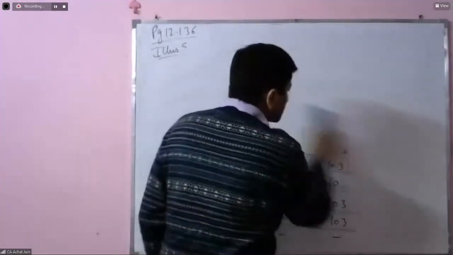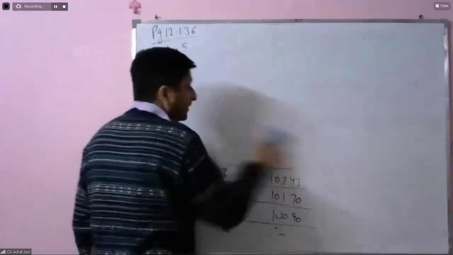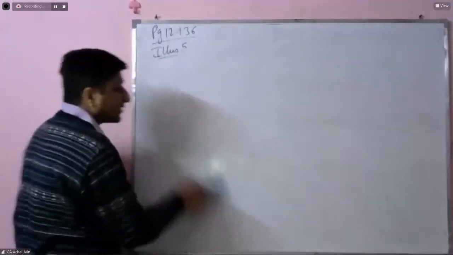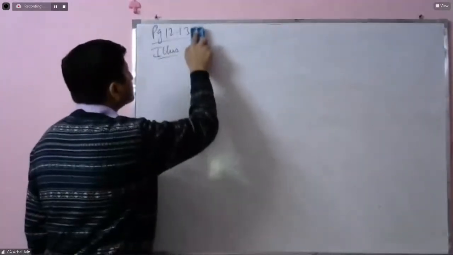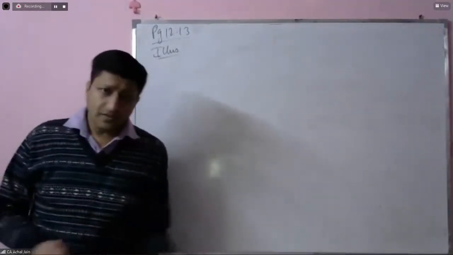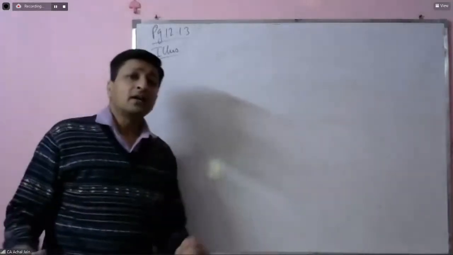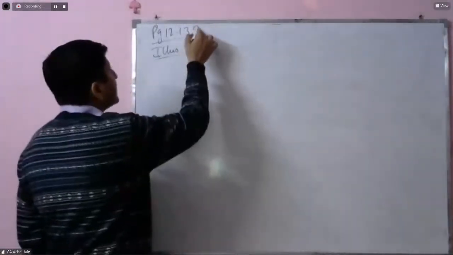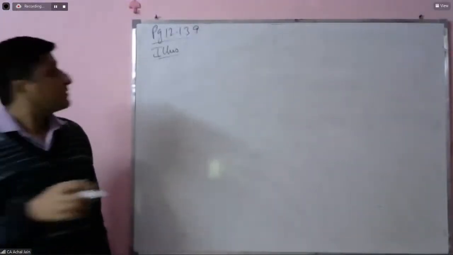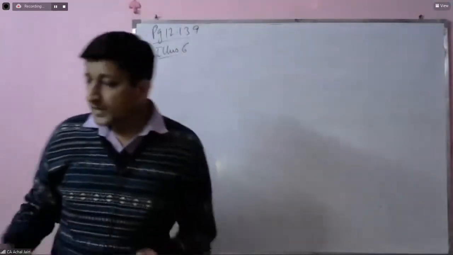So I'm just straight away jumping to this illustration without getting into the discussion related to this particular topic. This is again about the embedded derivatives, but we will come back to the understanding around this topic after solving this illustration.